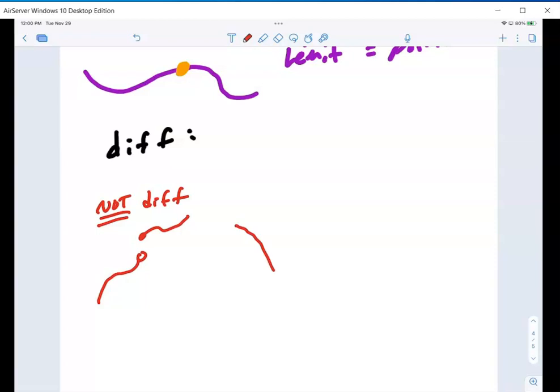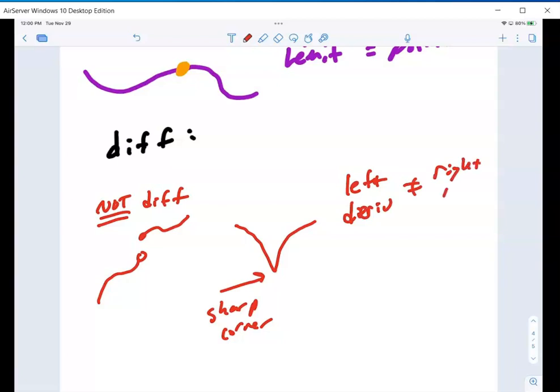If you have something like that, that's called a sharp corner. It's not differentiable. Or basically, if you're going from the left and the right and the 2 sides don't meet up, it's not differentiable. Okay? So if the left derivative does not equal the right derivative, it's not differentiable.